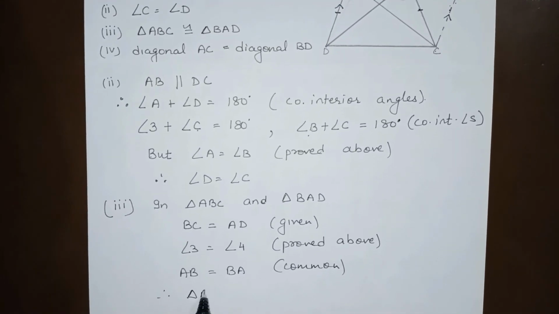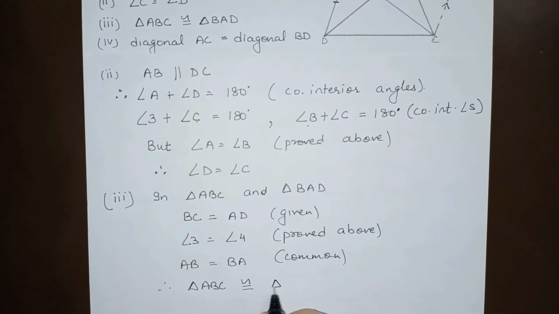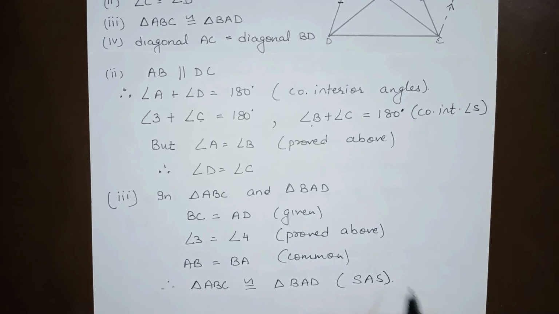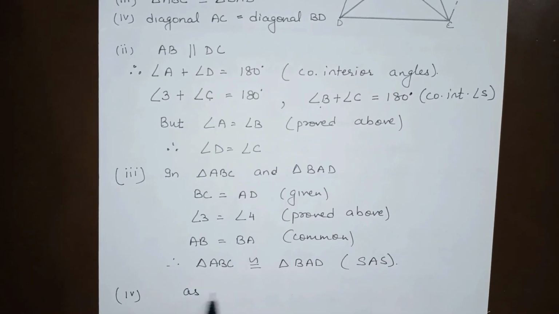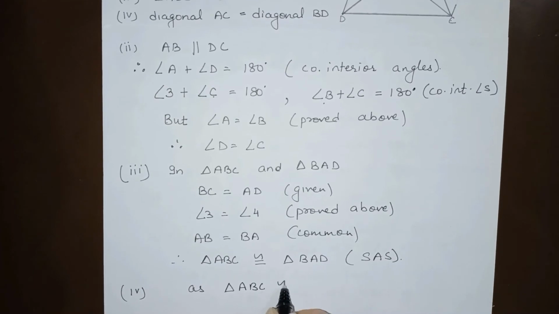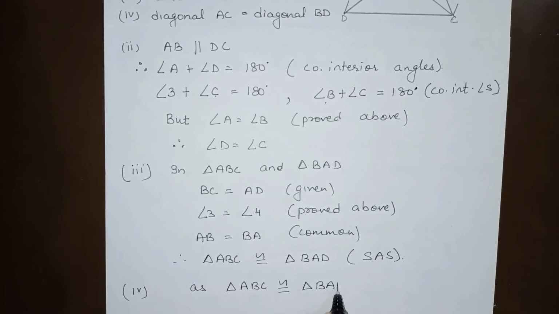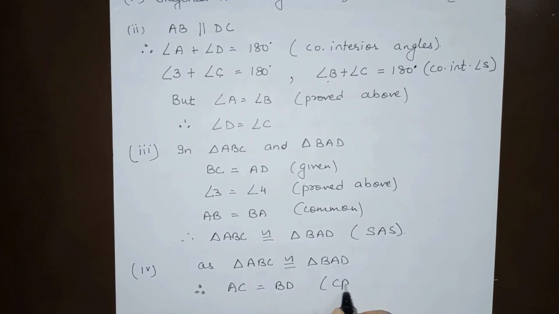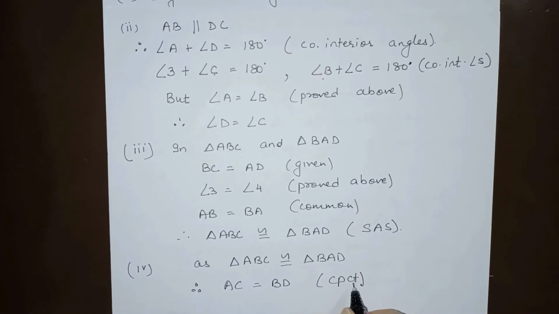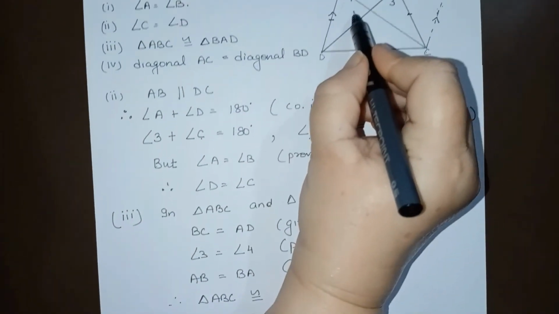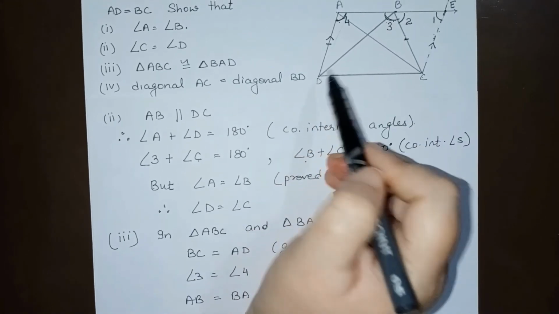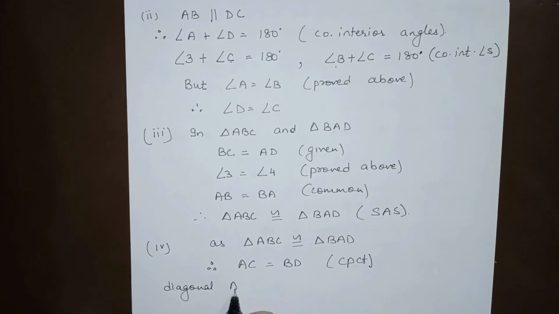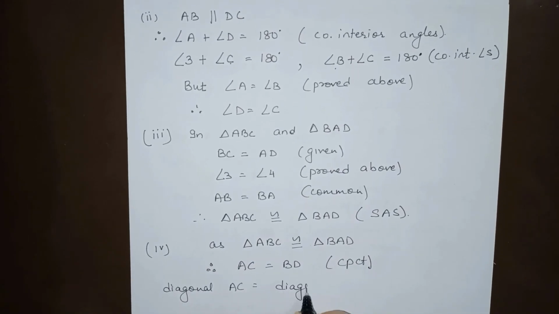So triangle ABC is congruent to triangle BAD by SAS, and as triangle ABC is congruent to triangle BAD, therefore AC is equal to BD. This is our CPCT. Corresponding parts of congruent triangles are congruent. These two triangles are congruent, so these are the corresponding sides. Or we can write diagonal AC is equal to diagonal BD.